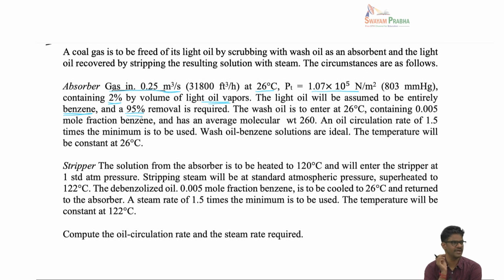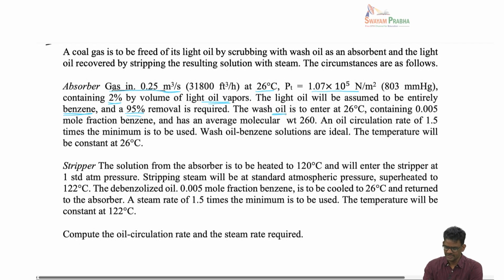The gas flow rate is given in terms of volumetric flow rate, but you also have the temperature and pressure data, so from there you can calculate molar flow rates also. You can find the density, and we know the average molecular weight, and from there you can calculate. The wash oil, which is the liquid phase, enters at a certain temperature. It has a particular mole fraction of benzene, meaning X2 is also mentioned.